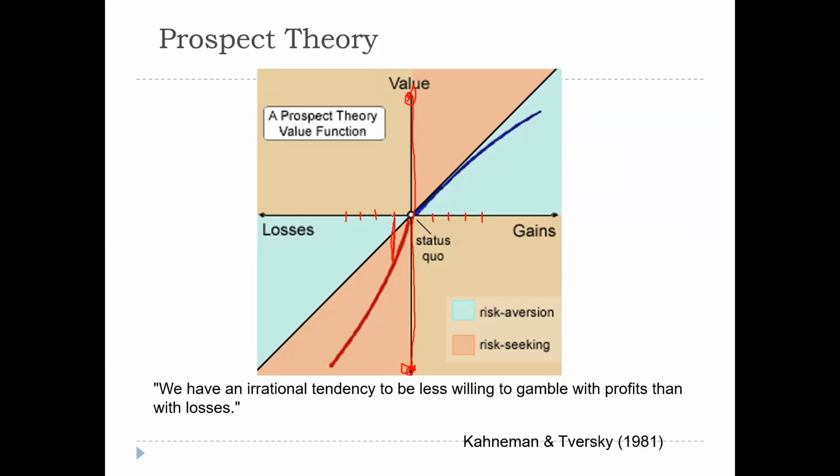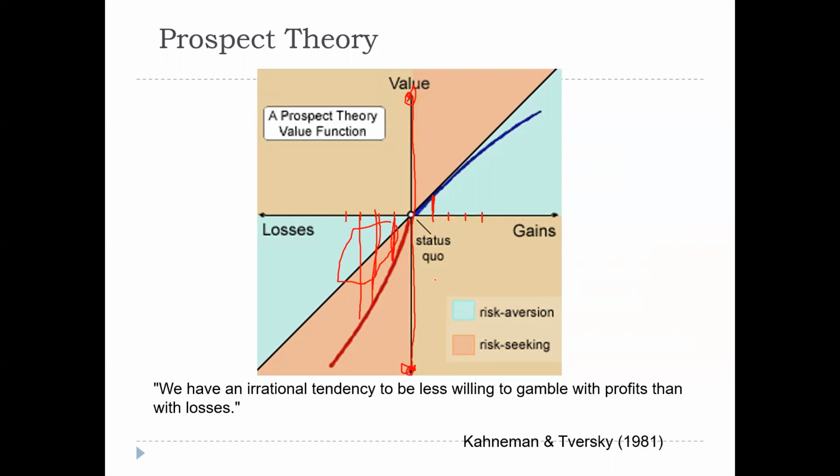That dislike is so much larger than the pleasure of gaining that one thing. And again, that is very steep, much steeper than what I would expect from expected utility. So there's this asymmetry in how much I value losses and gains. I hate losing more than I like winning.